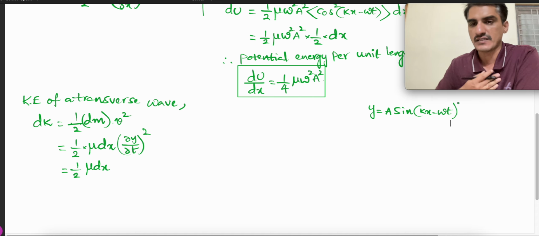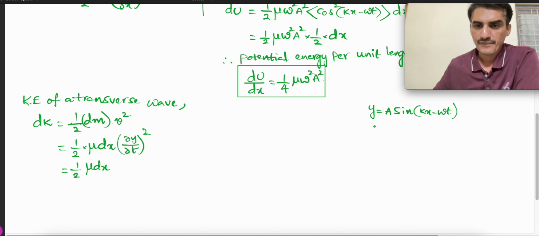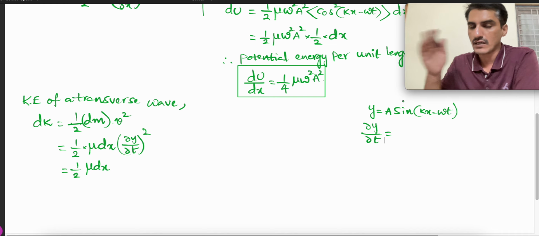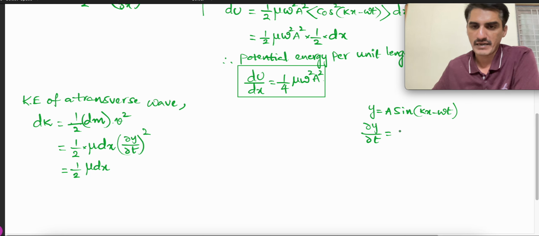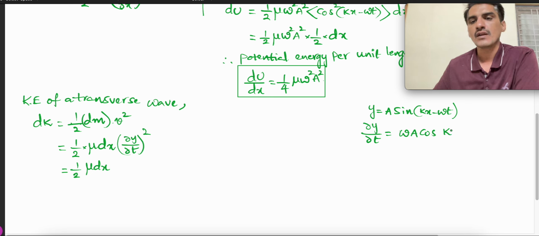If we differentiate this with respect to time, we get the speed of the wave: dou y by dou t is omega a cos (kx minus omega t).